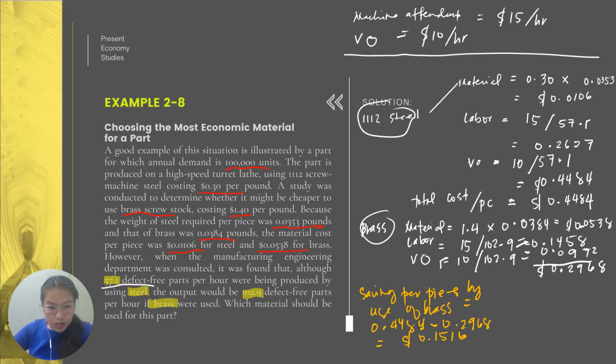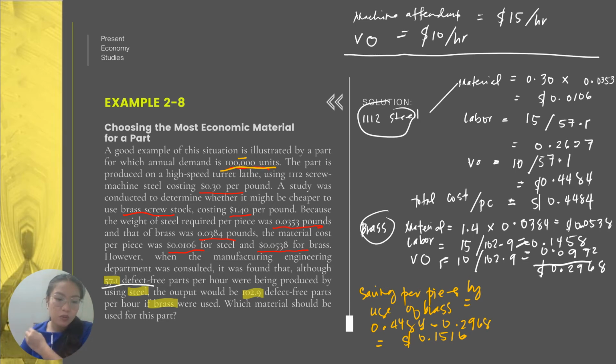So, let's go back here. Because 100,000 parts are made each year, annual, revenues are constant across the alternatives. Our rule 2 that we discussed in the first part of this topic would select brass.